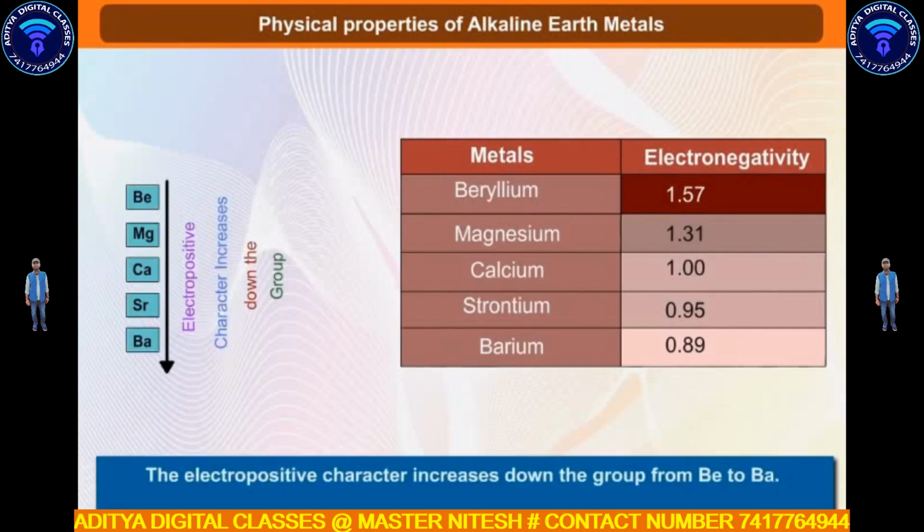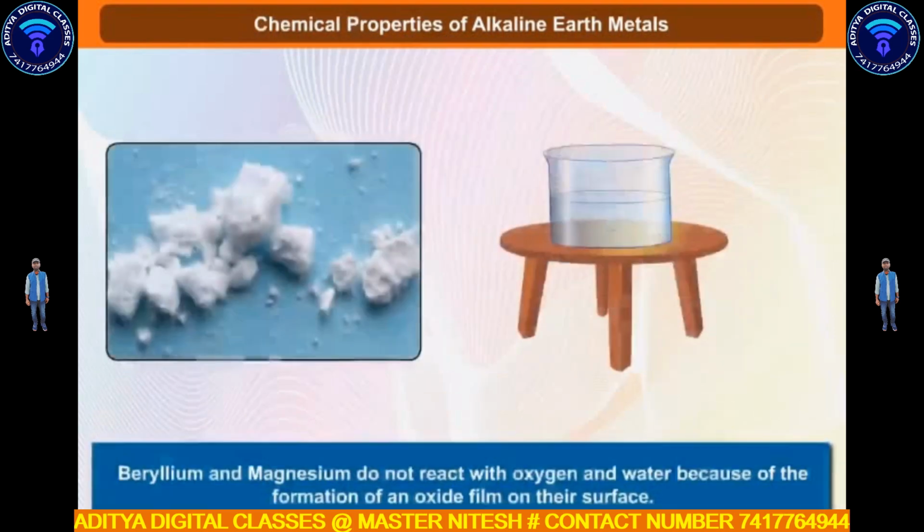The electropositive character increases down the group from beryllium to barium, or the electronegativity decreases down the group from beryllium to barium. Beryllium and magnesium do not react with oxygen and water because of the formation of an oxide film on their surface.